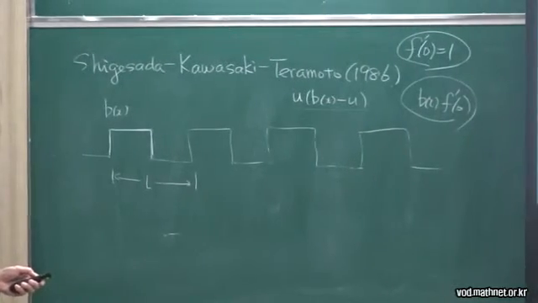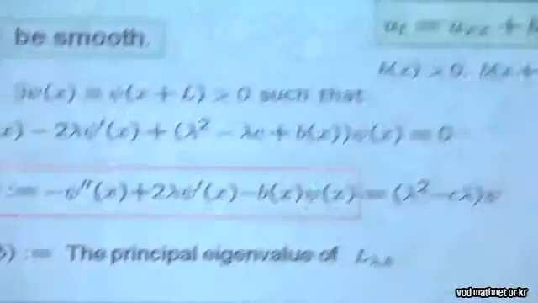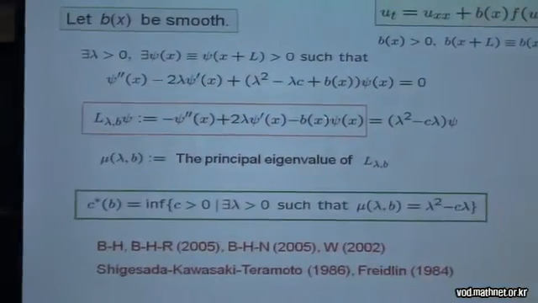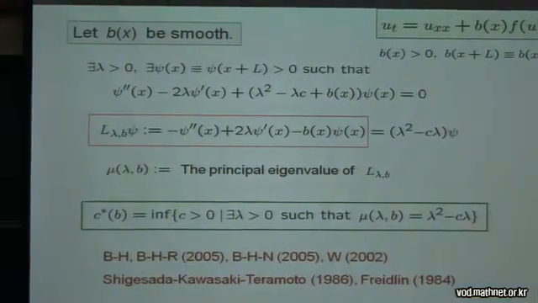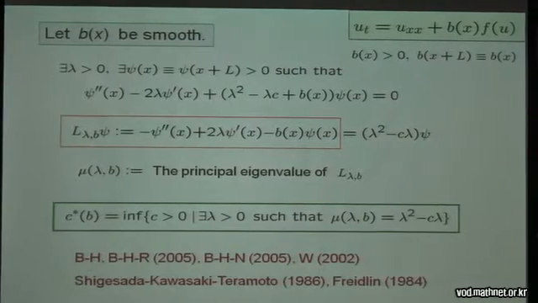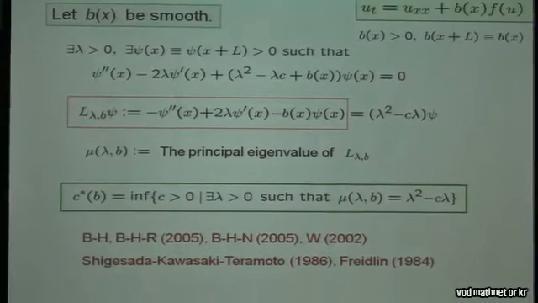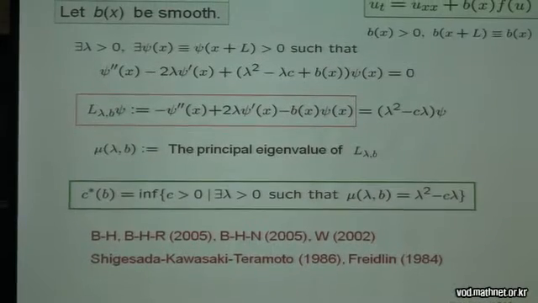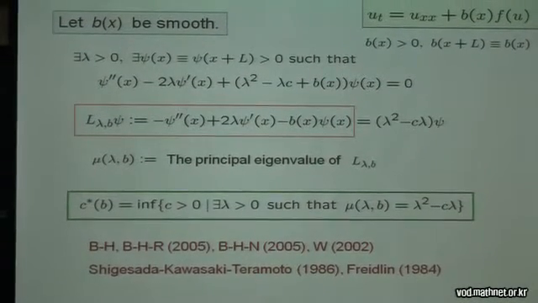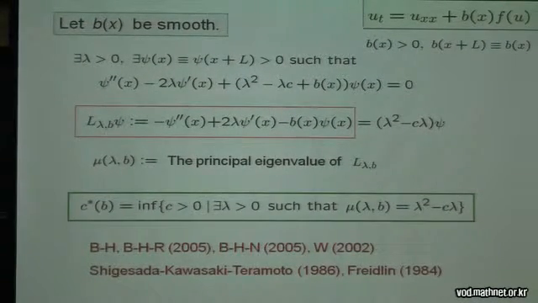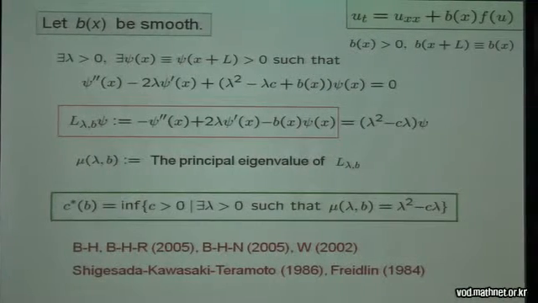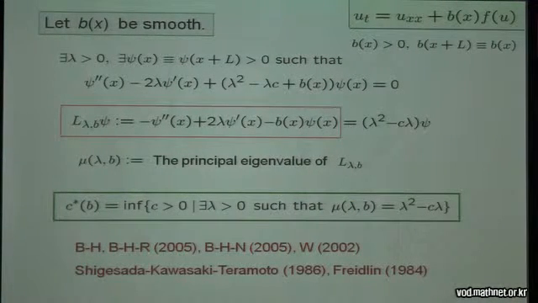So f prime of 0 is missing here because it is assumed to be equal to 1. Then it is completely the same situation as Shigesada, Kawasaki, Teramoto. And this is the natural growth rate when the mass is small.